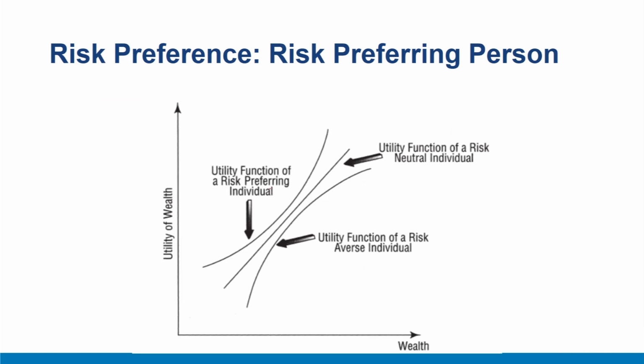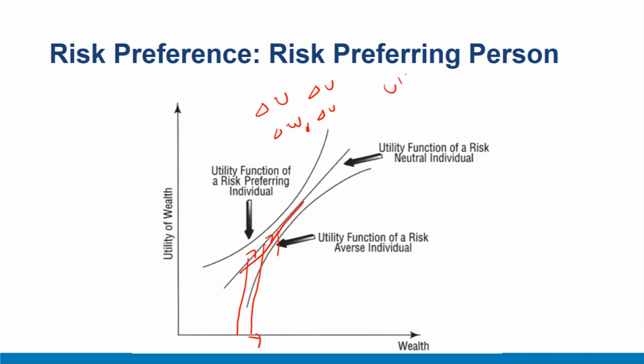If you look at the utility curve of the risk neutral individual, which is the straight line, notice that for each increment in wealth, the change or increase in the utility is the same. That means delta of utility for each amount of change in wealth is the same. If delta W is the same, then across the wealth delta U remains the same.